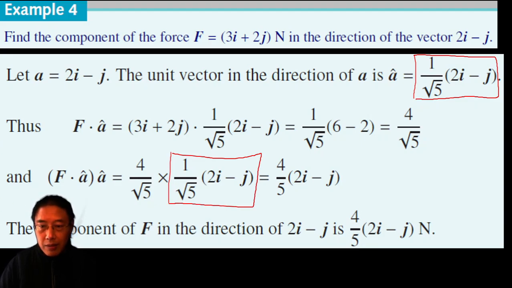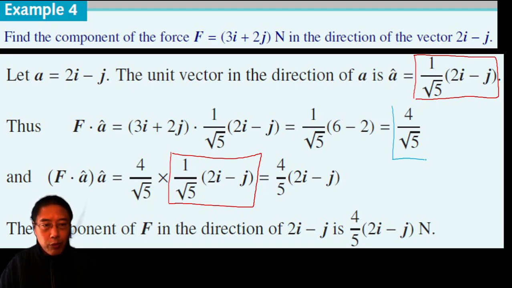And then the second step is going to be up here. I can't see my cursor. Hold on. You do the dot product between the two vectors, F and A. Factor 1 over square root of 2, it's a scalar amount.